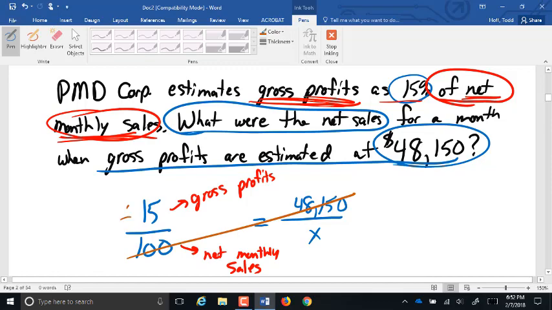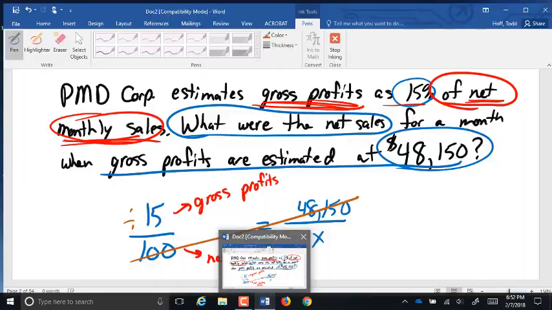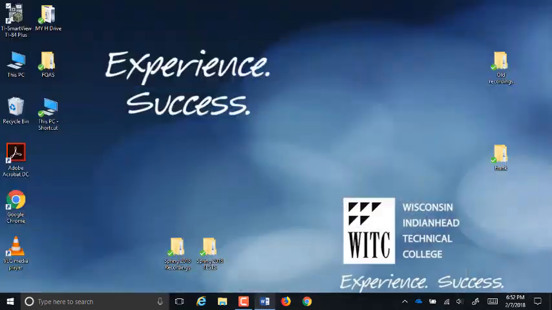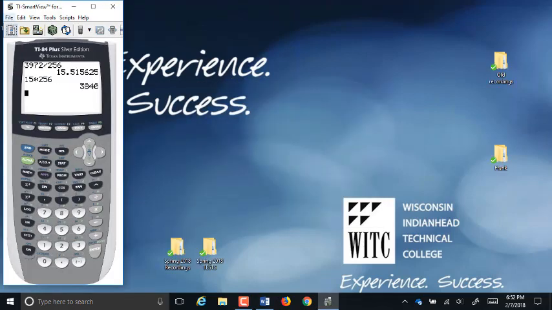So we have 100 times 48,150 divided by, my calculator still didn't come up. Do this again. Something still, you're off by a decimal point there somewhere.